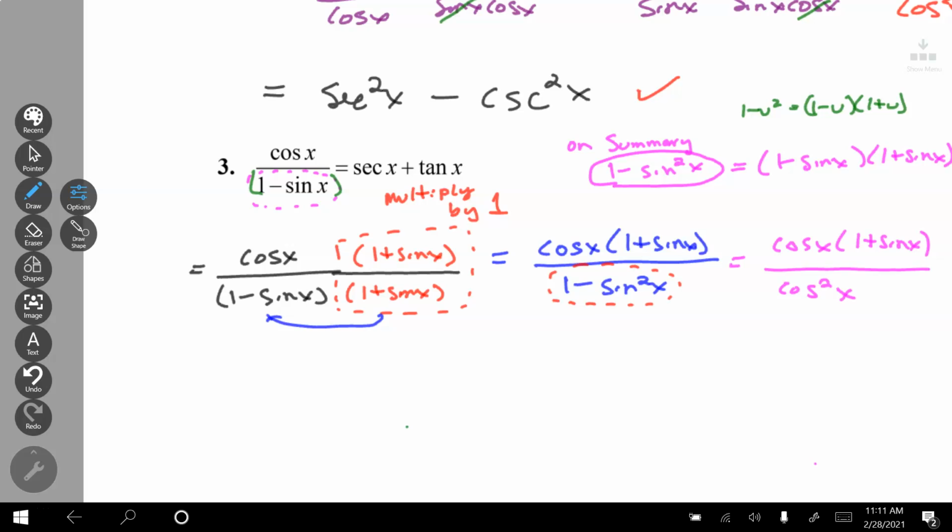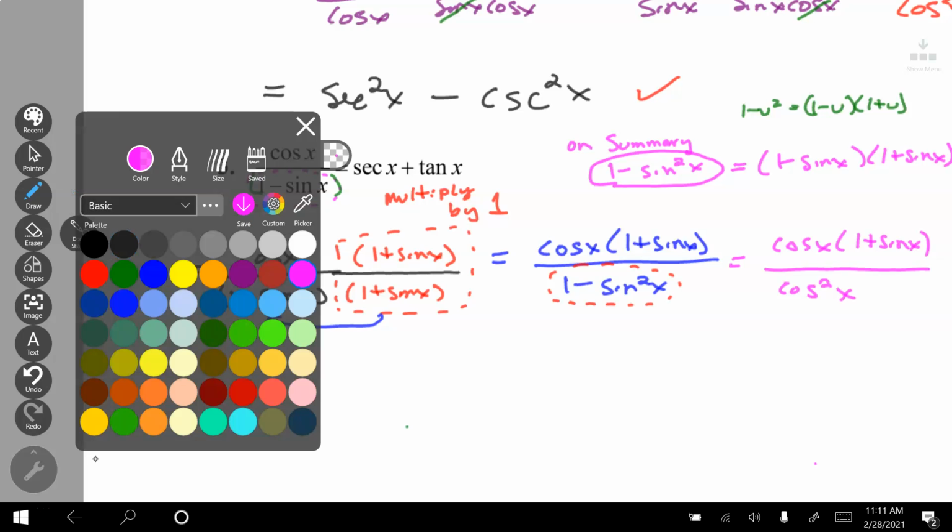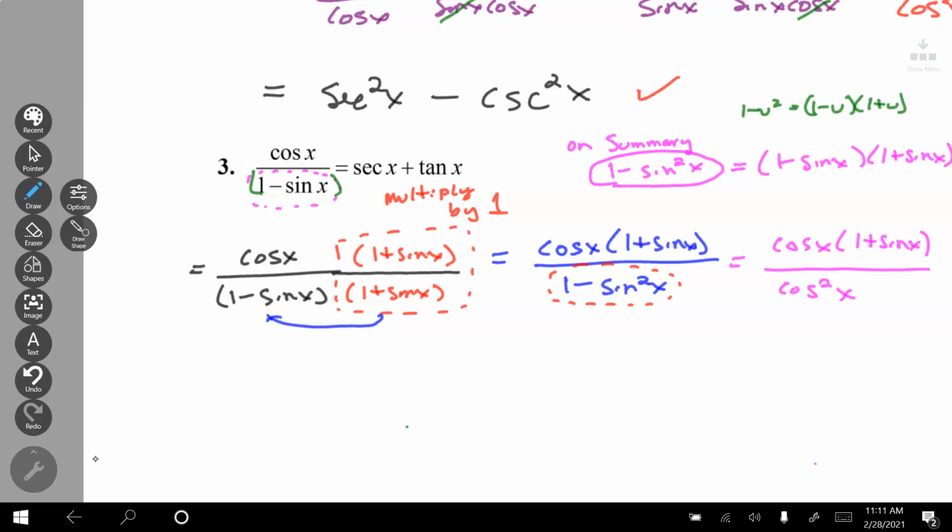That's what I like. Because we talked about this before, one of these cosines cancels out one of these cosines. I get 1 plus sine of x over just 1 cosine of x, not cosine squared any longer. And again, I could do that whole split into two fractions.